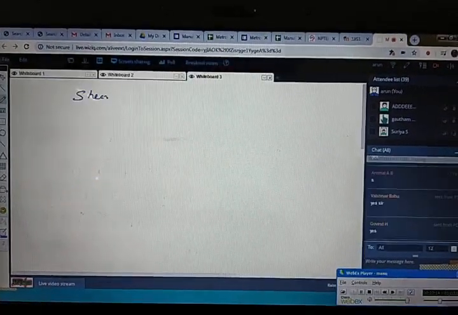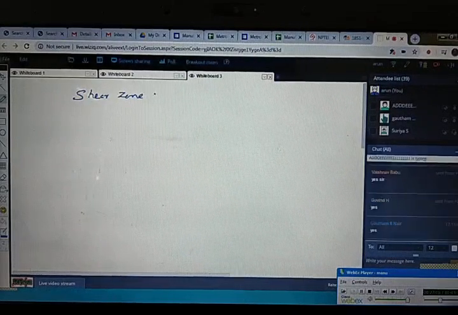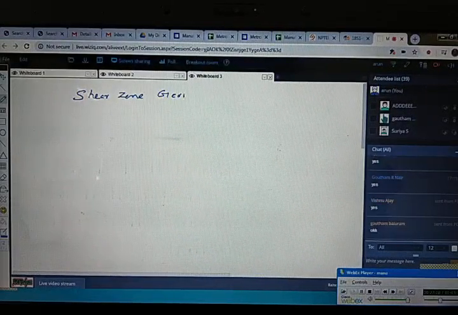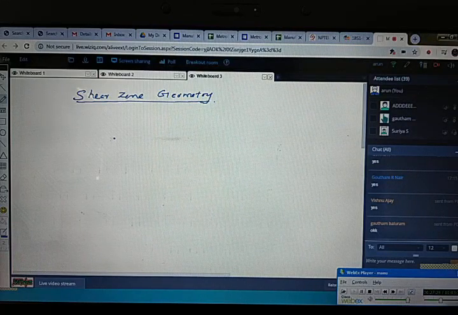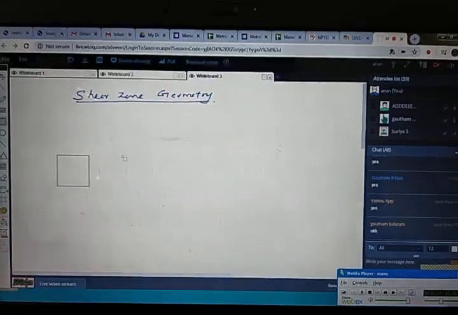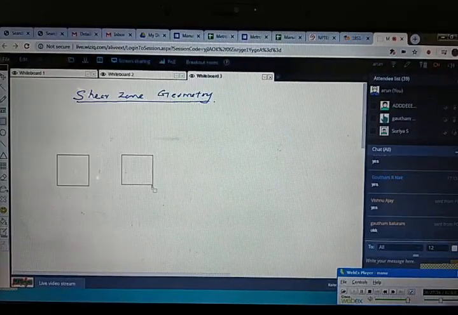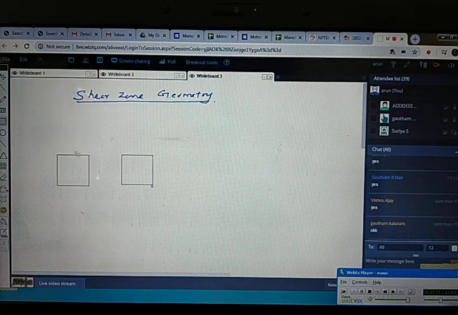Next we are going to discuss the shear zone geometry. Here is the die for undergoing the cutting or shearing operation, and here is the punch. In between them, the workpiece is kept. When I apply the pressure using the punch, the workpiece will appear like this, as shown in the figure.